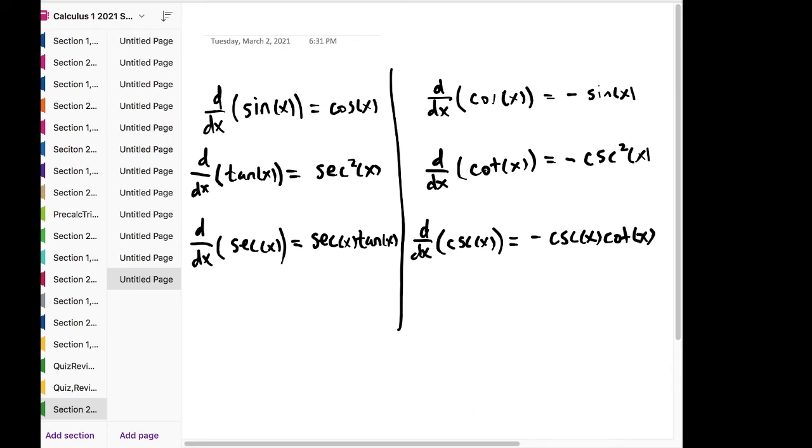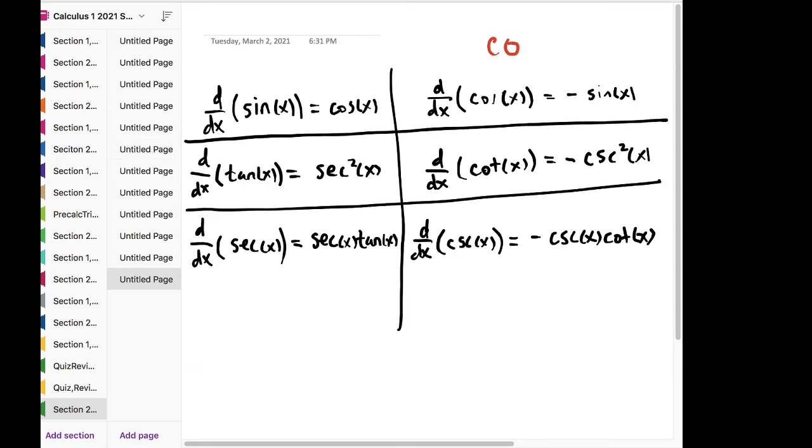Okay, anyone see a pattern? So all the co-functions are negative, right? And have a sine.